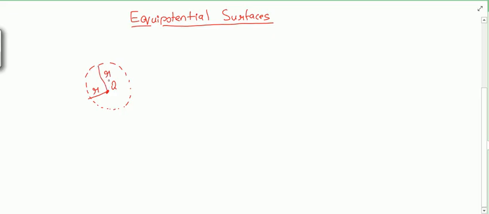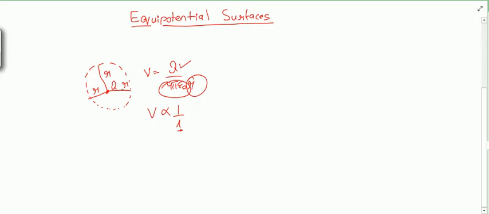Here also this distance is r, and here also this distance is r. As you know, V is equal to q by 4 pi epsilon naught r. Since q is constant and 4 pi epsilon naught is also constant, the only thing varying is the distance from the charge distribution to the point of potential.